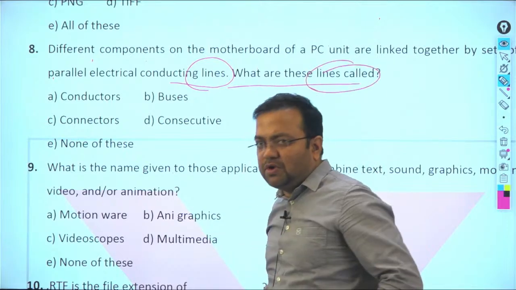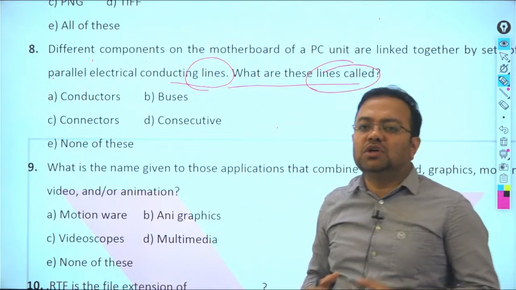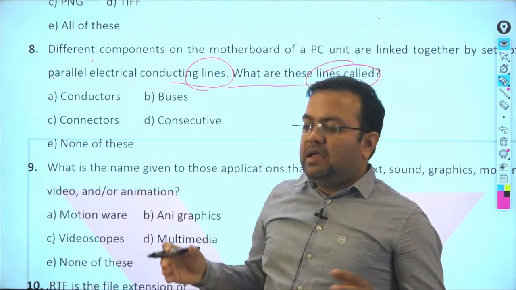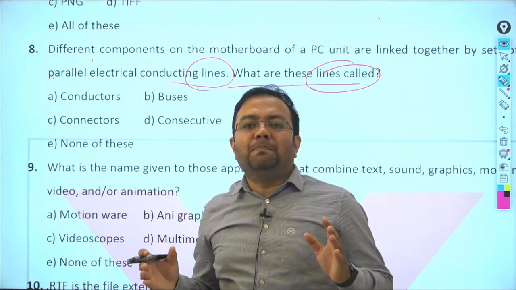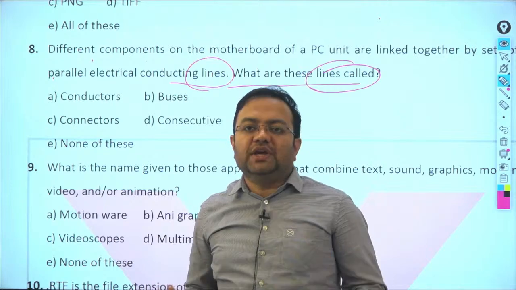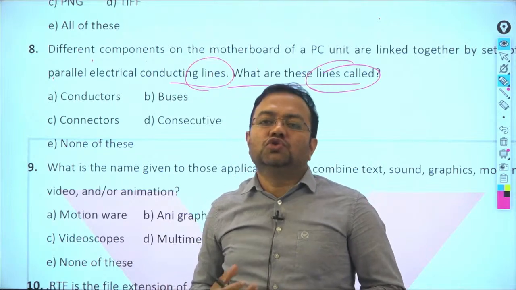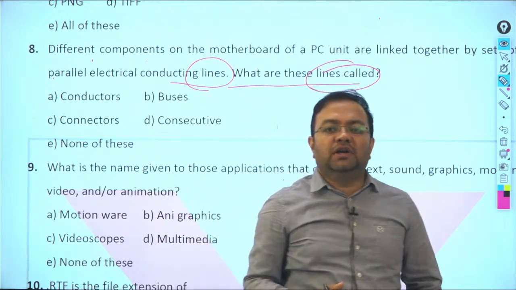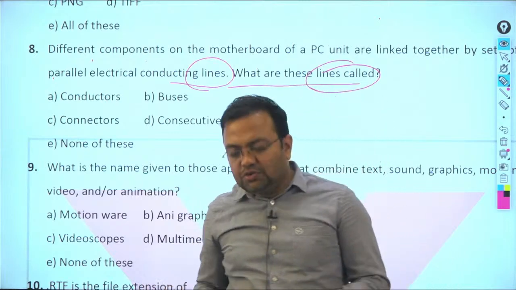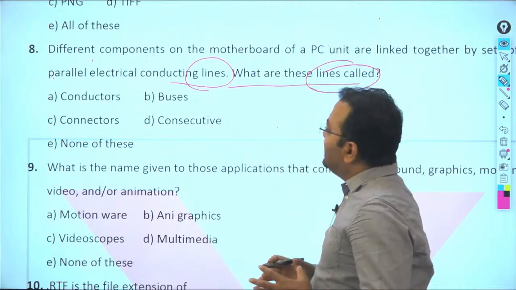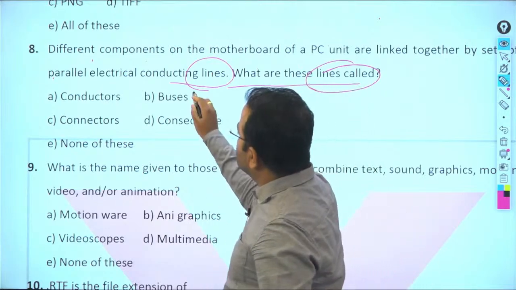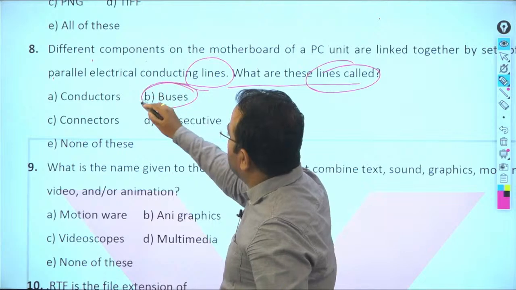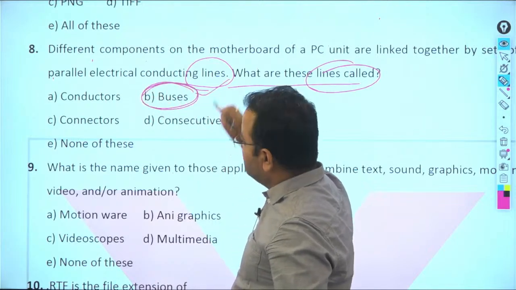So students remember, specifically in our motherboard, there are connecting lines or paths through which the data, control signals and memory addresses can transfer from one component to another associated with the motherboard, and these connecting lines or paths are known as buses. So here the option is B, buses.